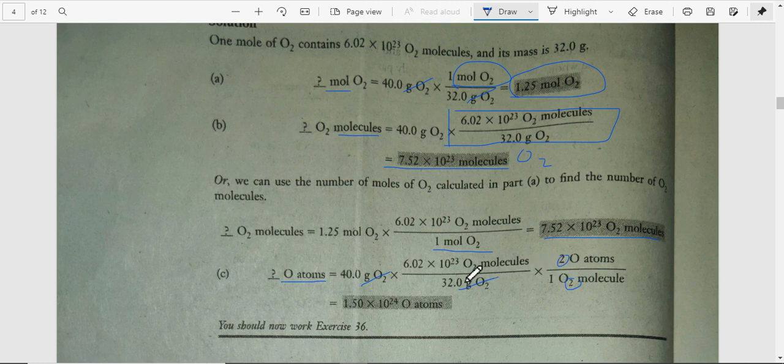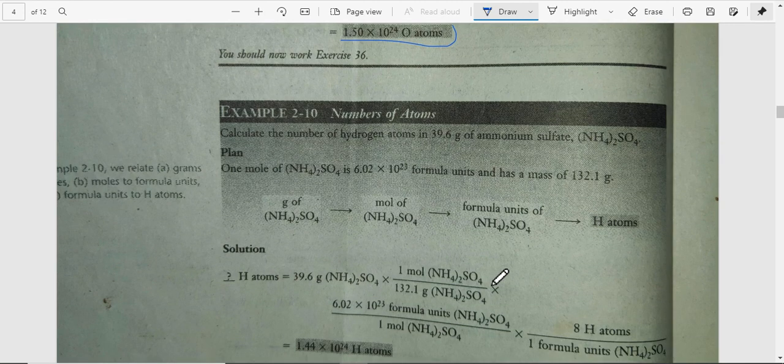So therefore, O2 molecules and O2 molecules cancel out, leaving you with the unit that you're looking for, which is your O atoms. So simply multiply 40 times 6.022 times 10 raised to 23, then times 2, then divide it by 32. Then that would be your final answer, which is 1.5 times 10 raised to 24 O atoms.